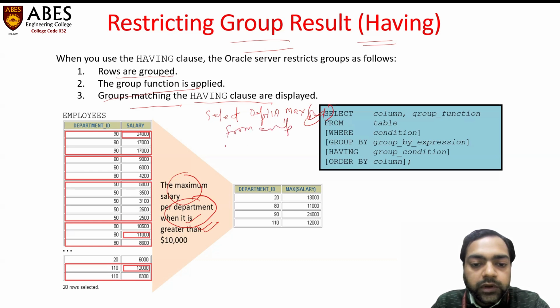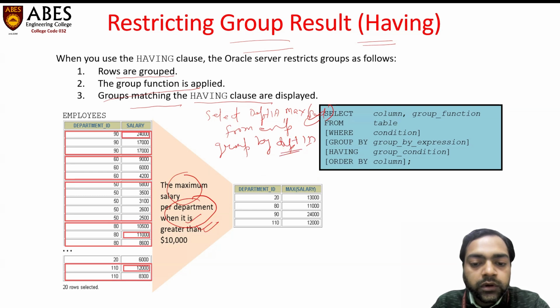From the employee table, right? Will there be a condition? Yes, there will be a condition, but that condition will be applied on groups, so we will not use the where clause here. So group by will be based on department id, because we need to identify the maximum salary for each department, right?